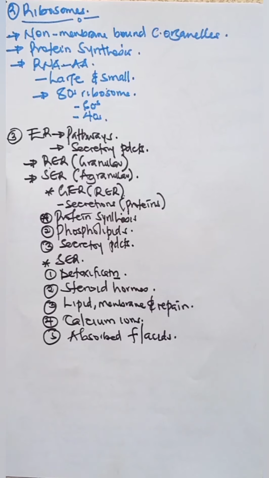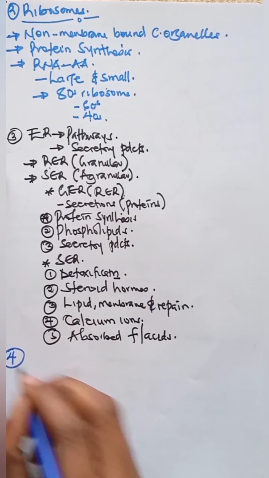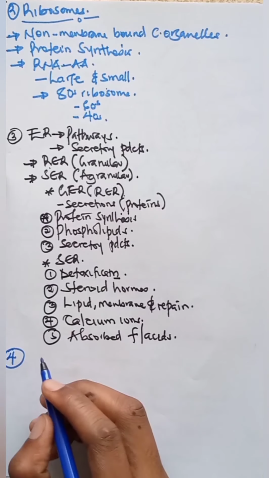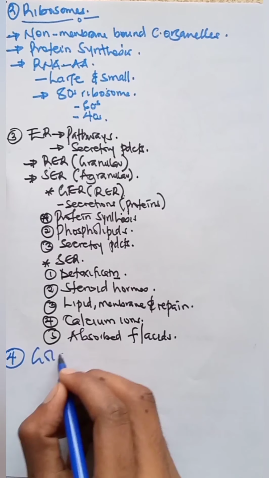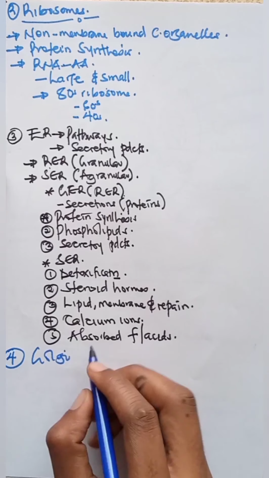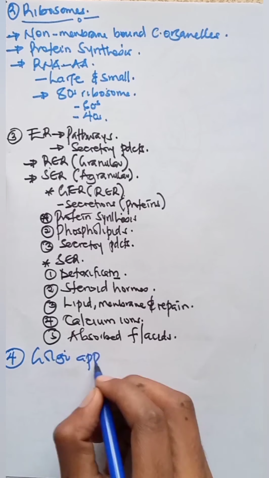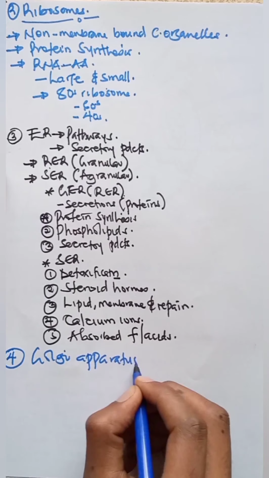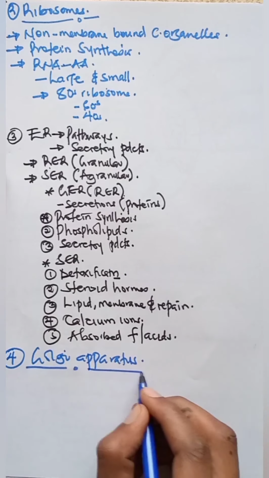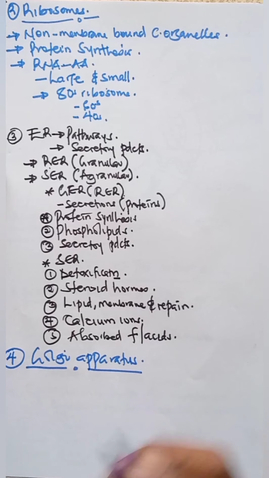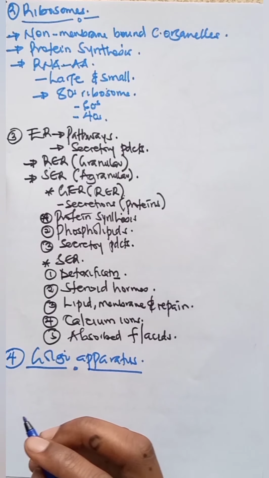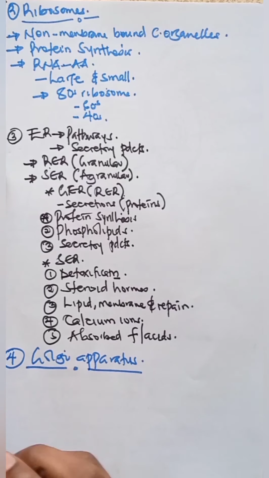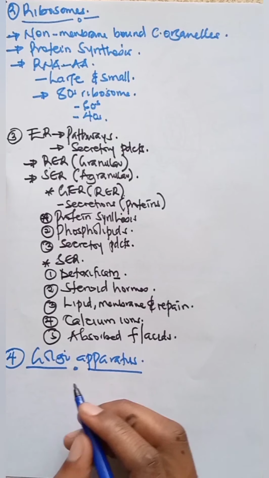The fourth organelle within the cytoplasm is the Golgi apparatus. So when you look at the Golgi apparatus, of course, it's a network.